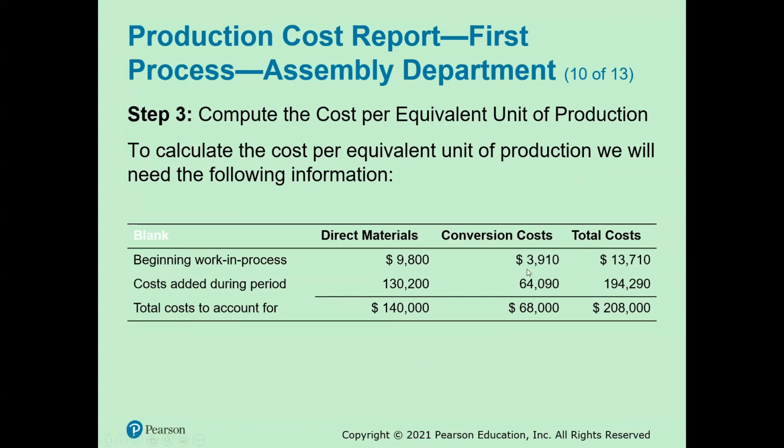The beginning work in process, you have the $9,800 direct materials, conversion cost $3,910, total cost is $13,710. You see the cost added during the period and the total cost to account for, you have $140,000 direct materials, $68,000 conversion costs, which brings a total of $208,000.